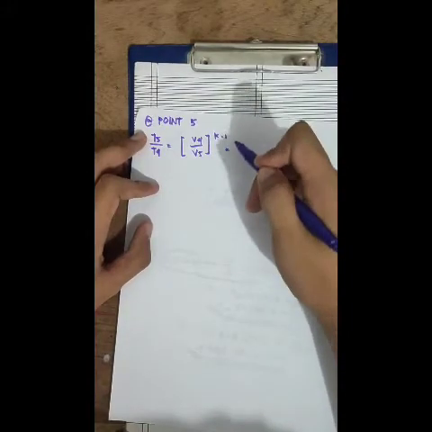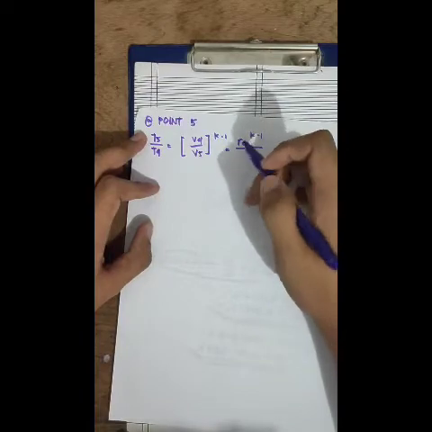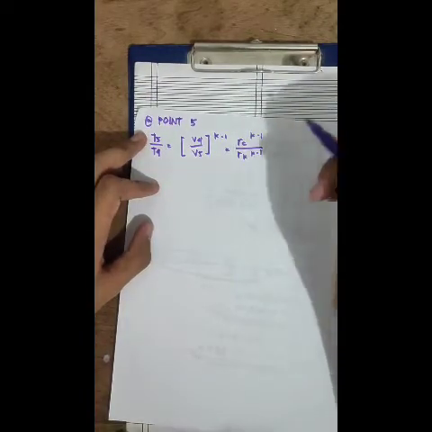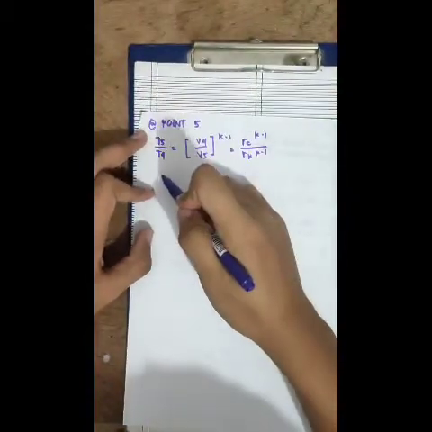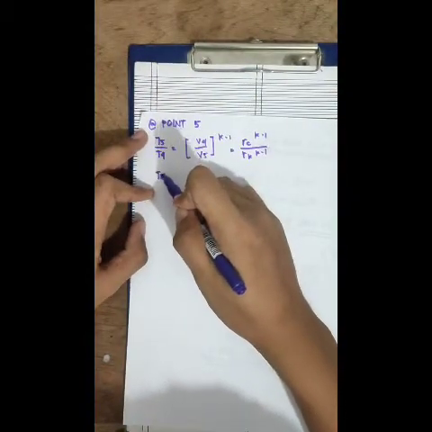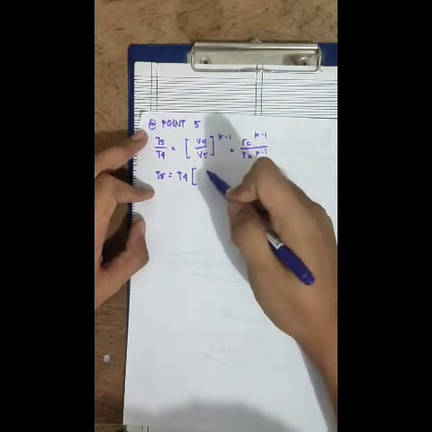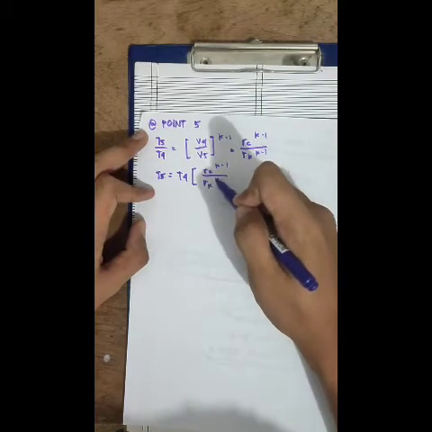So this is also equal to RC^(K-1) over RK^(K-1). So from this formula, we will get T5 is equal to T4 multiplied by RC^(K-1) over RK^(K-1).